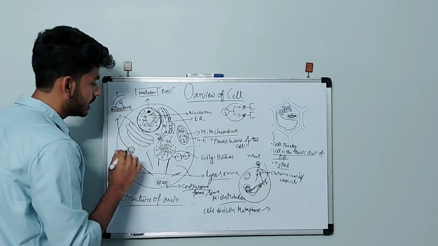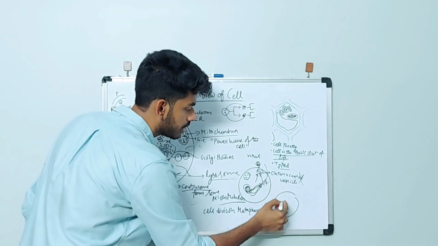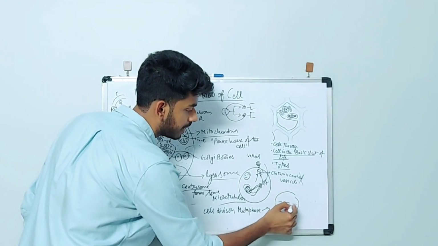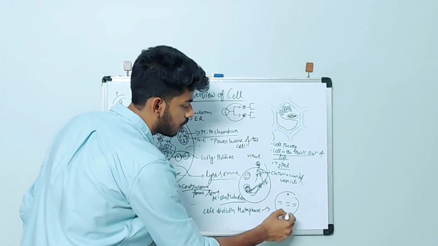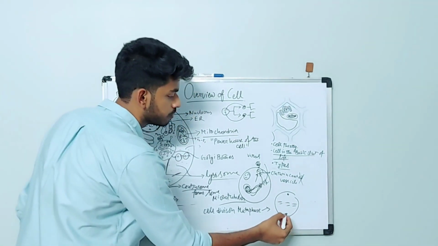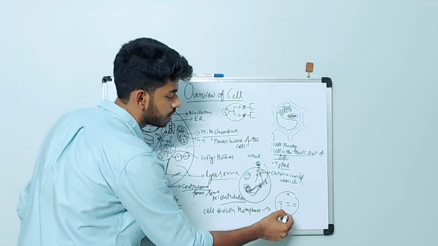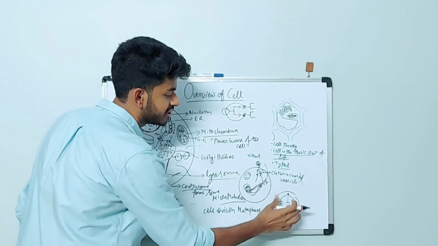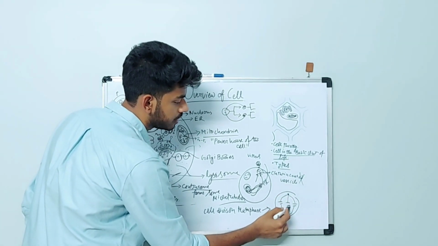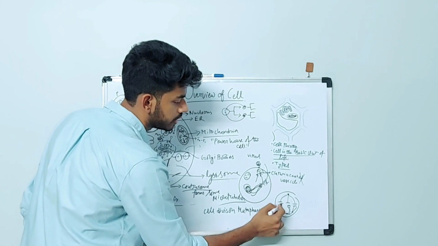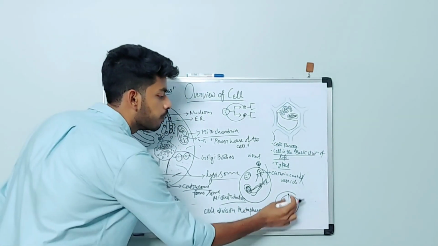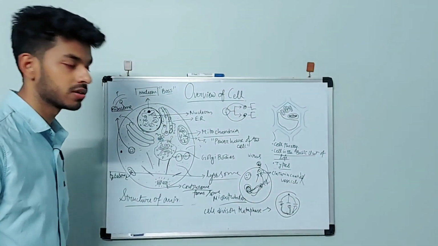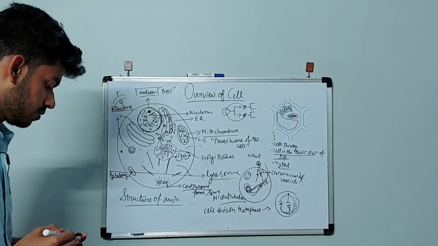In metaphase, the whole DNA aligns at the mitotic plate, and from the centrosome the microtubules are formed. These microtubules then shrink, and all the DNA is concentrated into the polar regions. So these are the broad functions of the centrosome.